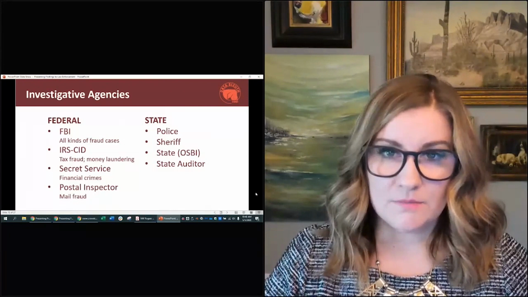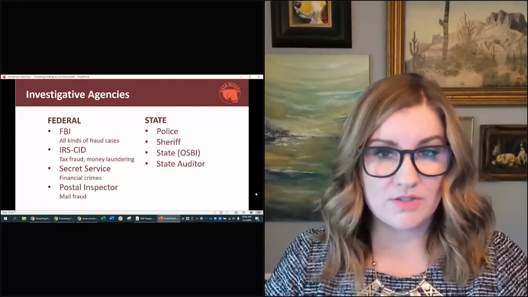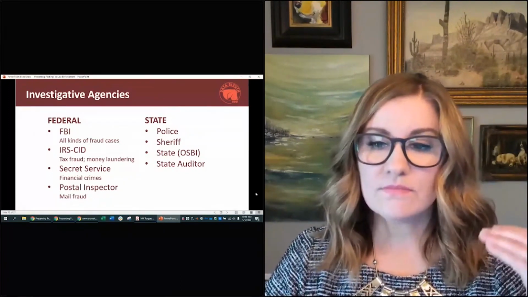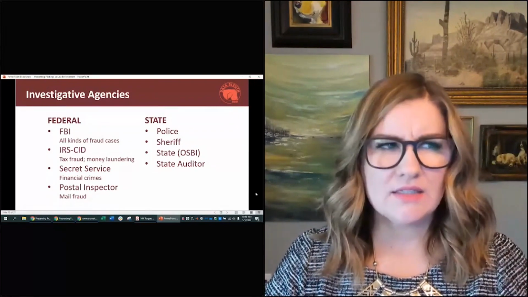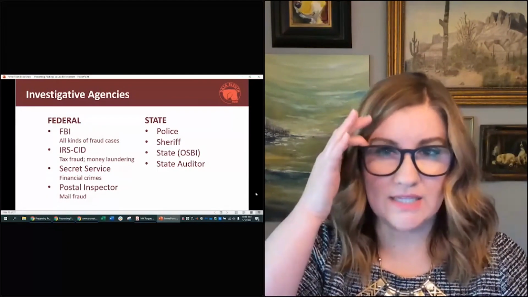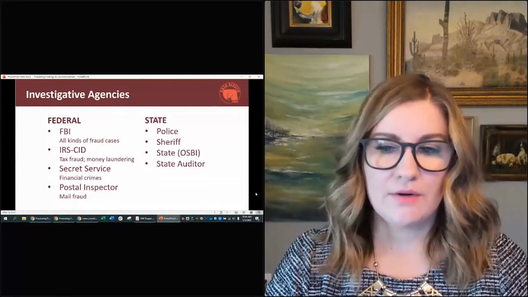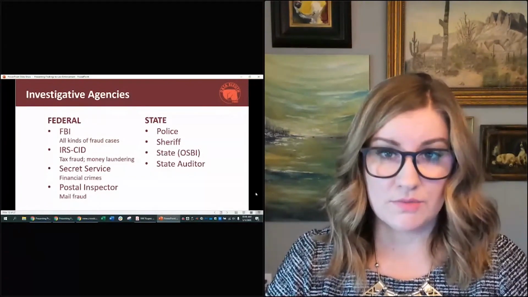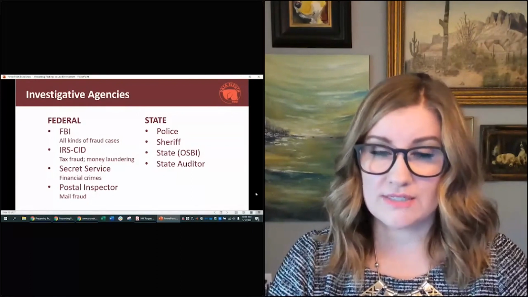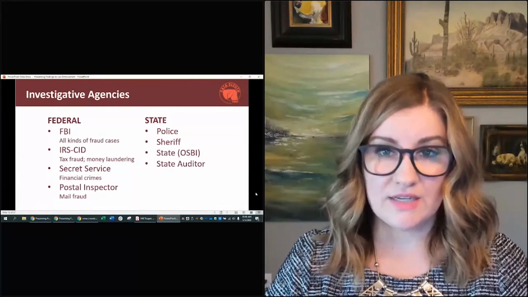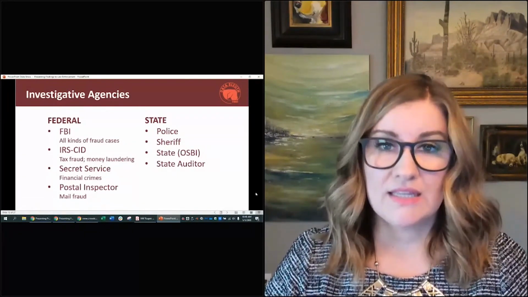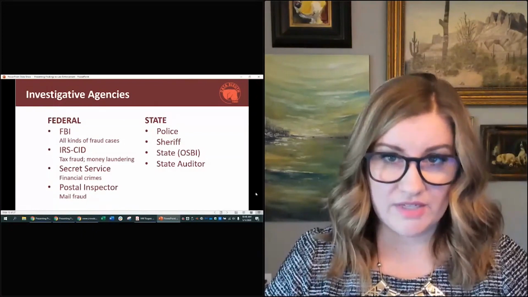Then in the state, we have our local police. In Tulsa, we actually have a financial crimes unit. We have our sheriff's office, and if it happens in the county and outside of the city, sometimes the sheriff's office will work fraud cases. In Oklahoma, we have our state law enforcement investigative unit, the Oklahoma State Bureau of Investigation, and they have detectives that will work on fraud investigations.